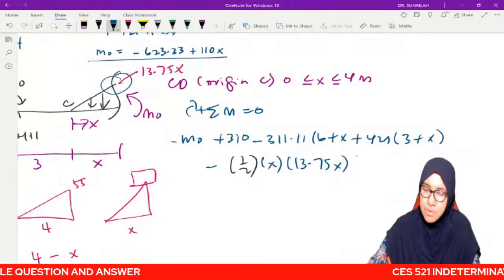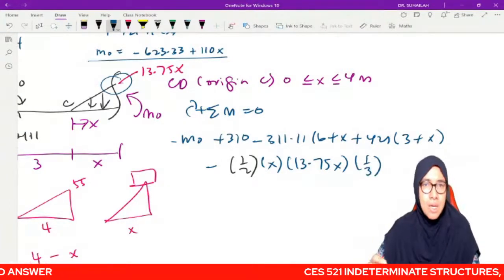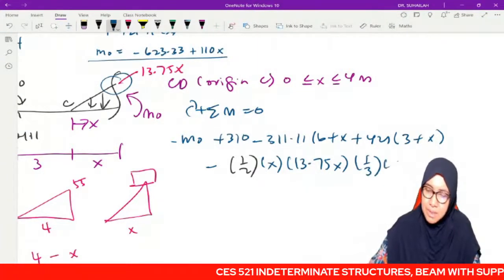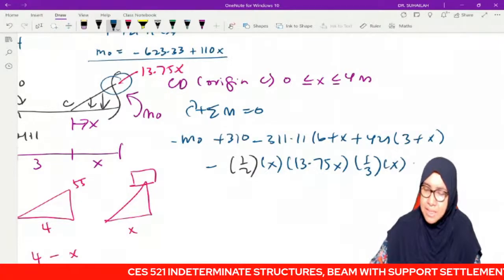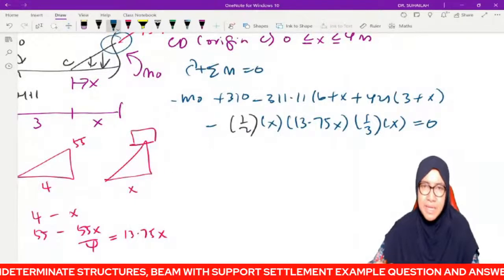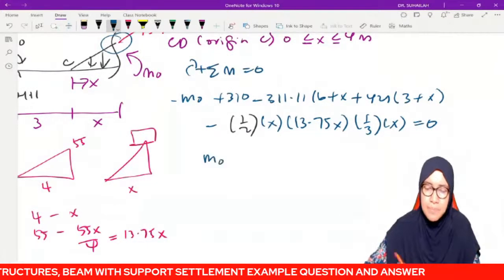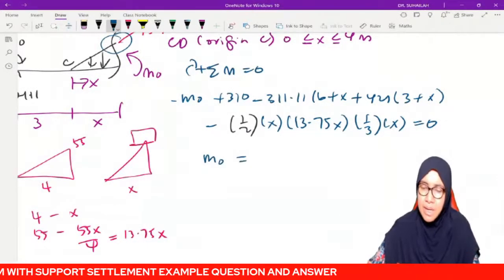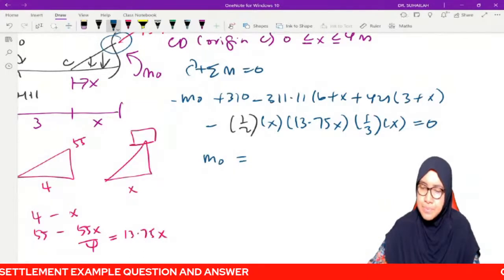From the centroid we use 1/3 times x, and this is equal to 0. So we solve this and we get M naught.